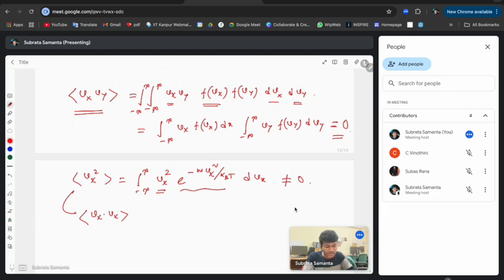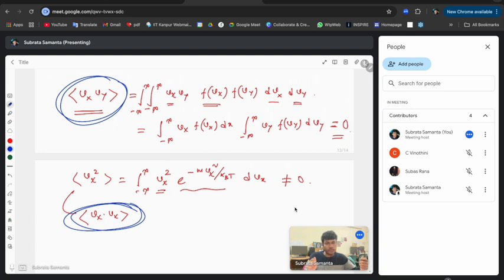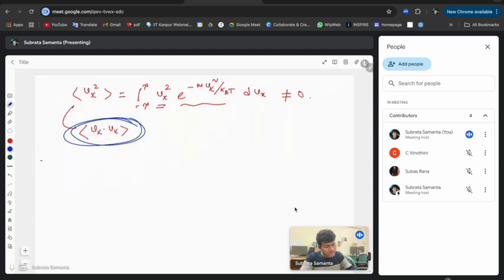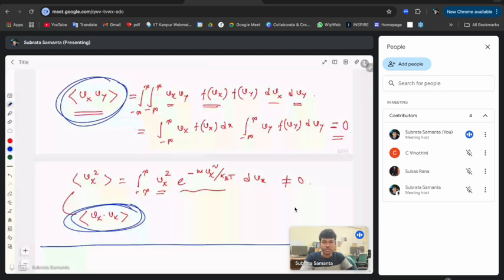But in this case, Vx and Vy are independent, so when you take the average of their product, it gives 0. Similarly, f of Vx and f of Vy are independent.